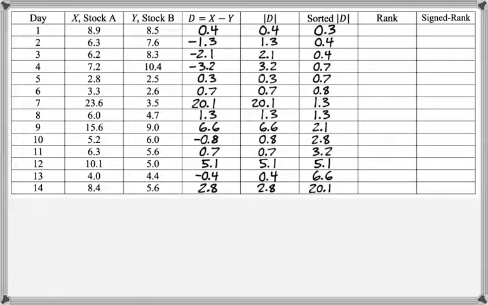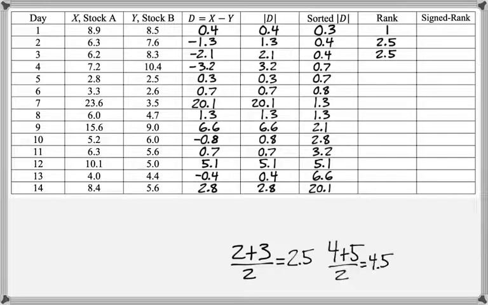So 0.3 has rank 1. There's a tie for the second and third rank. So we have to take 2 plus 3 divided by 2 to get the average, and that's 2.5. So both 0.4 and 0.4 get a rank of 2.5. And there's a tie for the 4th and 5th position.